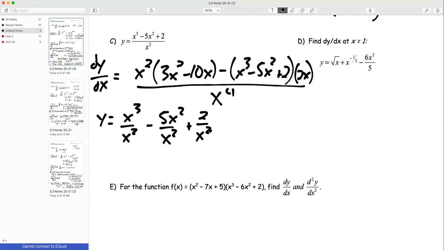Everybody okay with that? Okay, and so let's simplify it. What's x cubed over x squared? X. What happens to these x squareds?